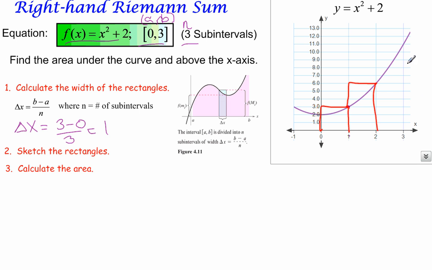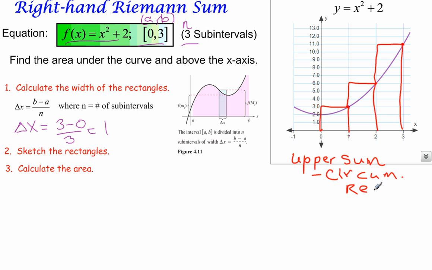And finally, 3 will correspond to the right side of our third subinterval. So we would have the area under the red rectangle. You can see that this is going to be an upper sum amount because we have circumscribed rectangles.